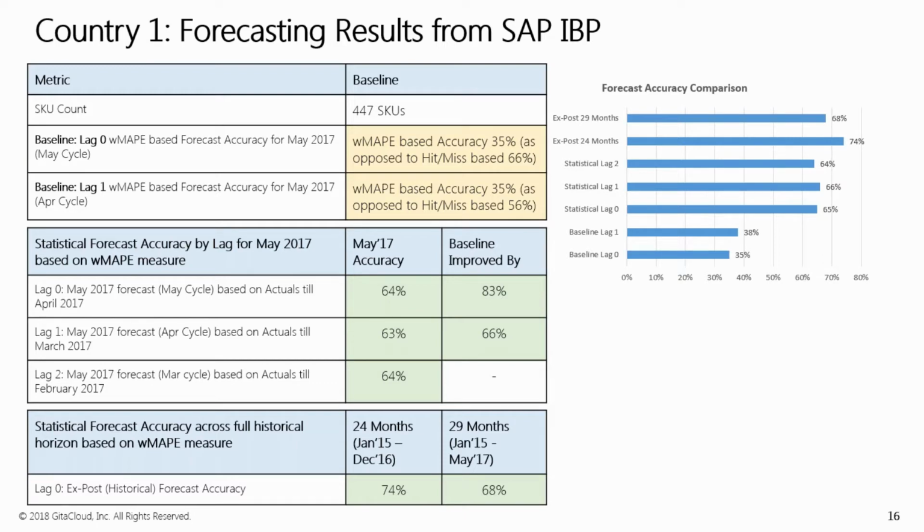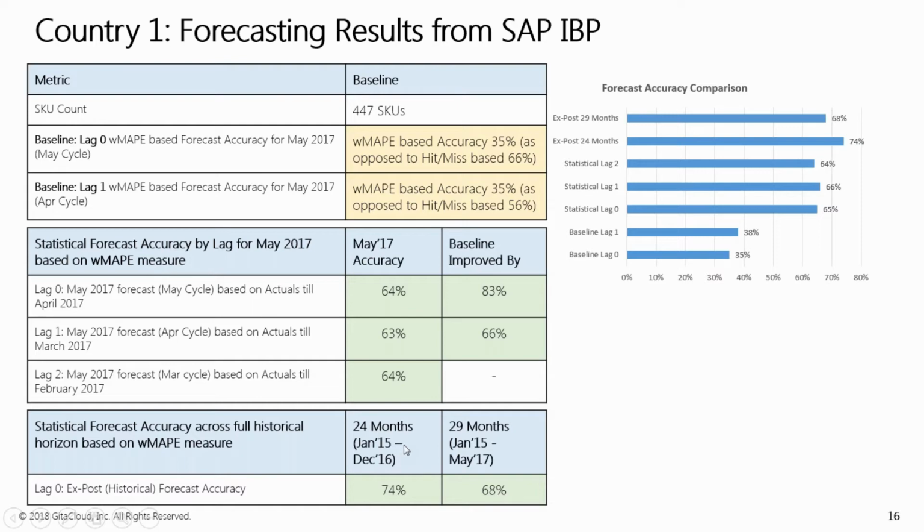In other words, if we were to do what we did here for May for each of the months, from what I remember, for all the 24 months, forecasting for February 2015, like that.